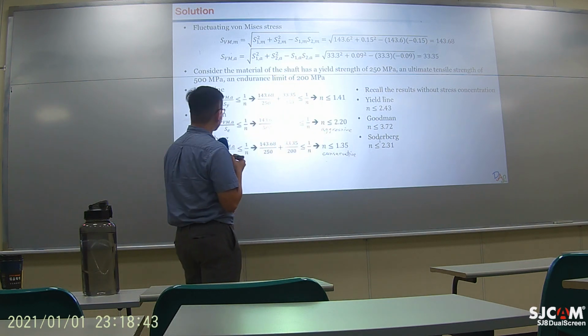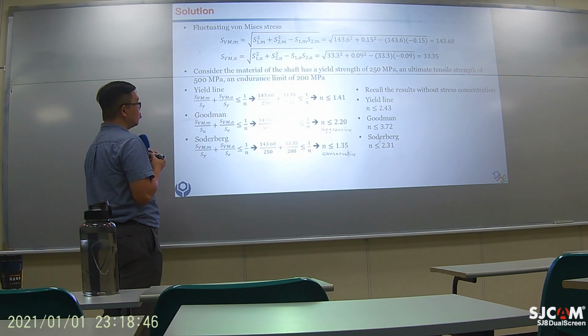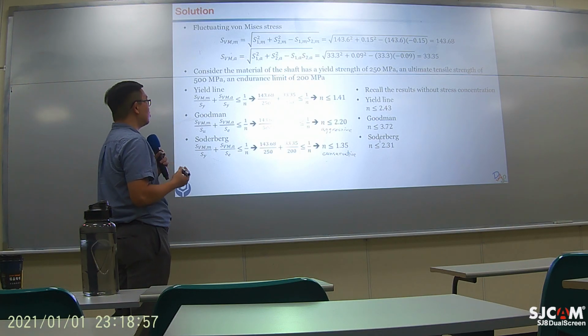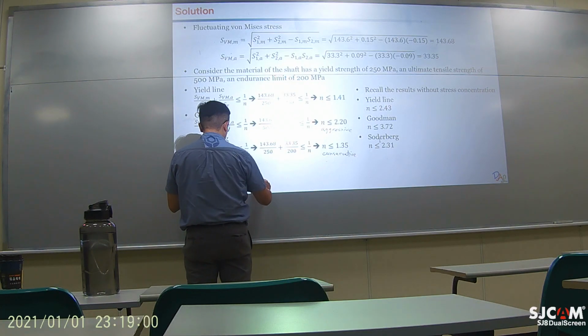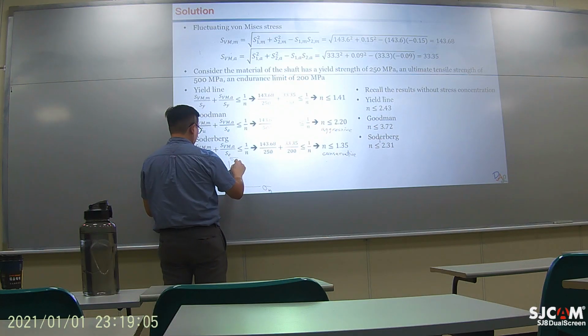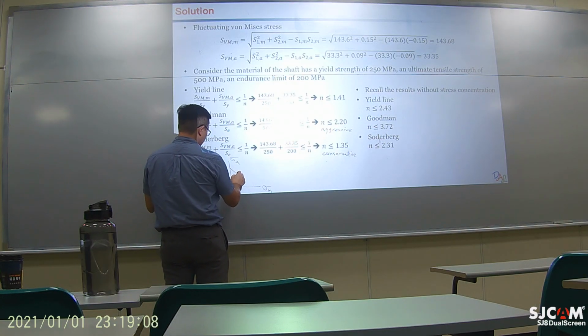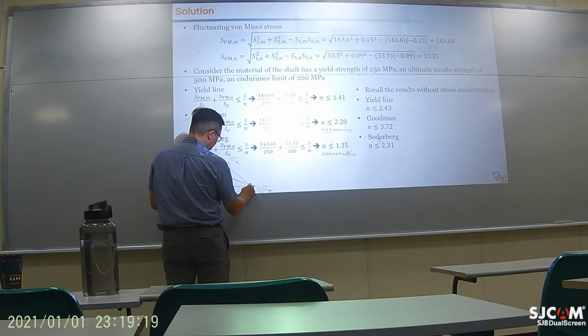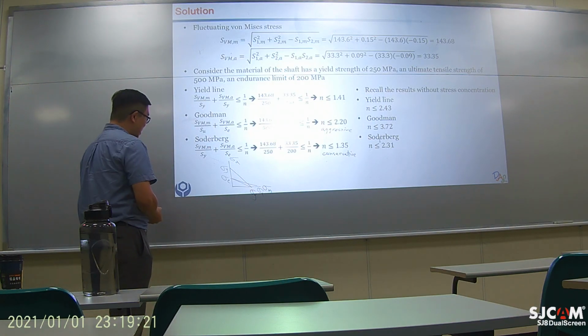So in this particular case, how come the yield line is having a lower value? We can take a look at this. This is the mean part, this is the amplitude part, this is the yield line, here is Goodman, and here is your Soderberg. 3 different lines.